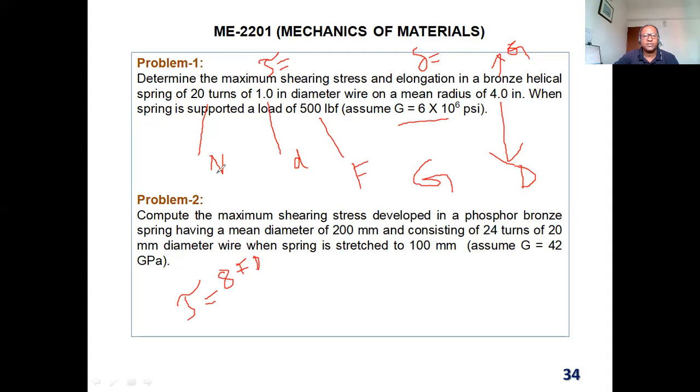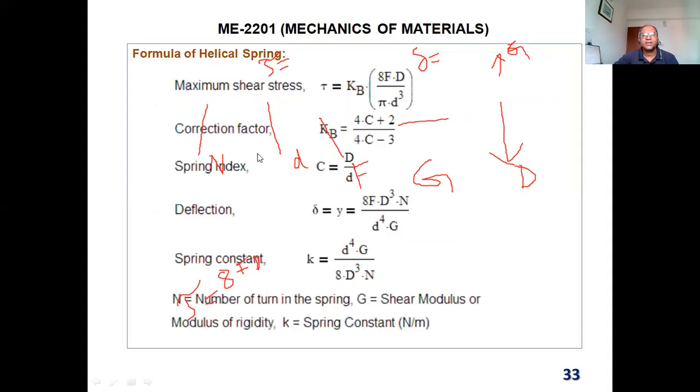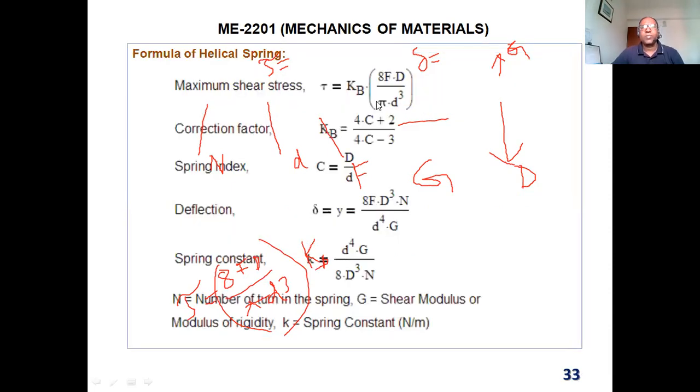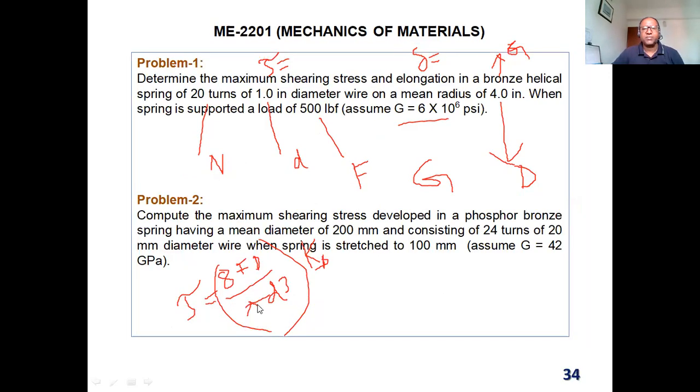If you look previously, tau equals Kb times 8FD divided by pi d cubed. So you see, everything is over here.